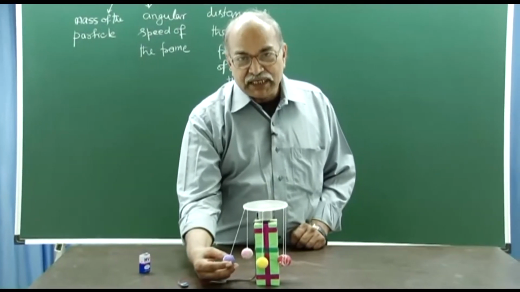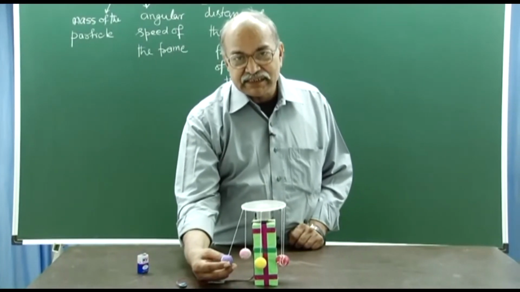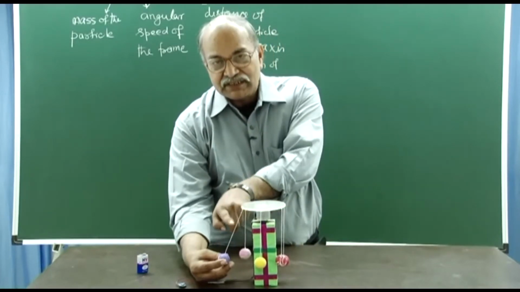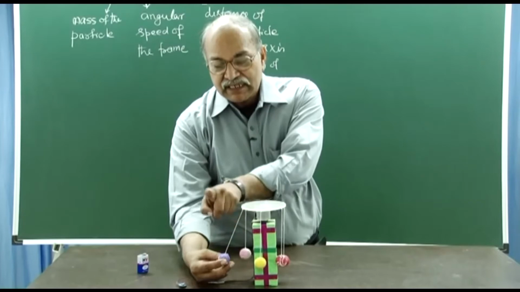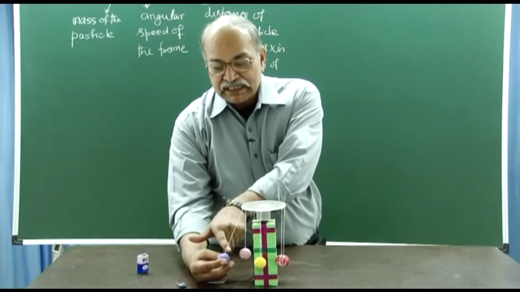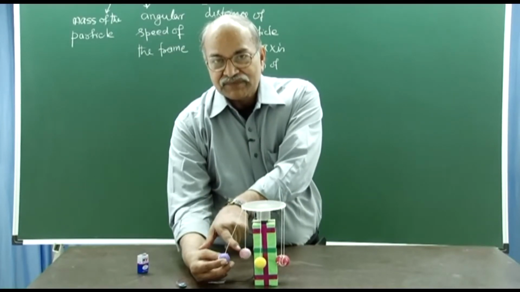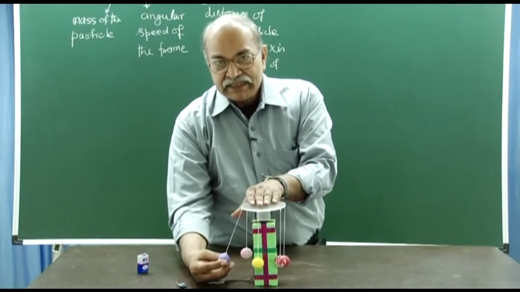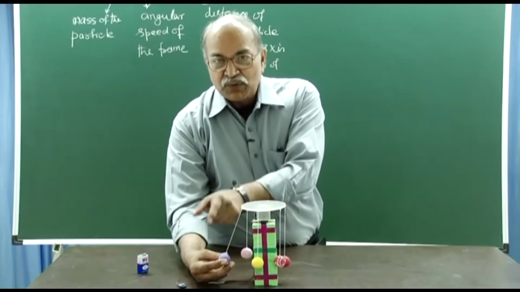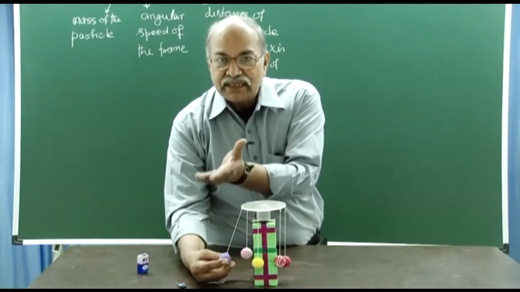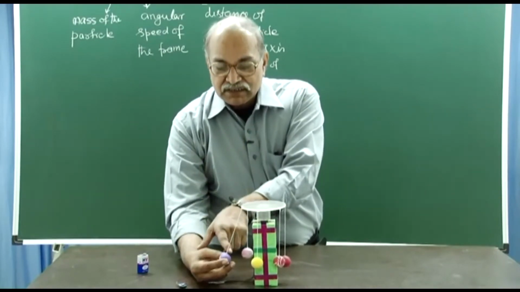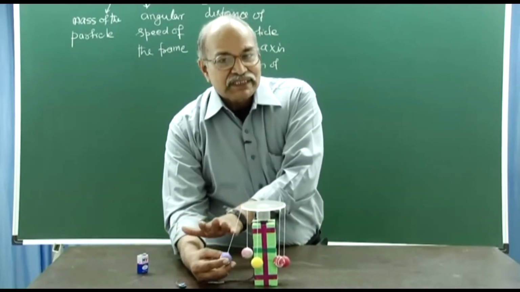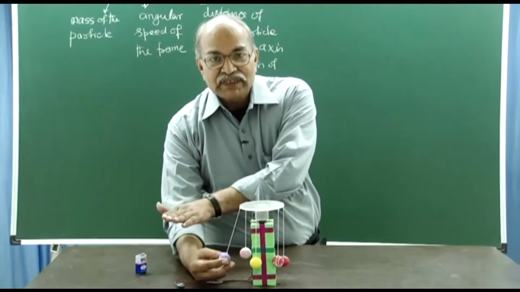the string becomes slant, it makes some angle with the vertical, and therefore, this tension will have a component in vertical direction and a component in horizontal direction. Now, if this tension is high, which it is, the vertical component is more than the weight, that takes it up, and the horizontal component is less than the centrifugal force. So, that resultant takes it outward.